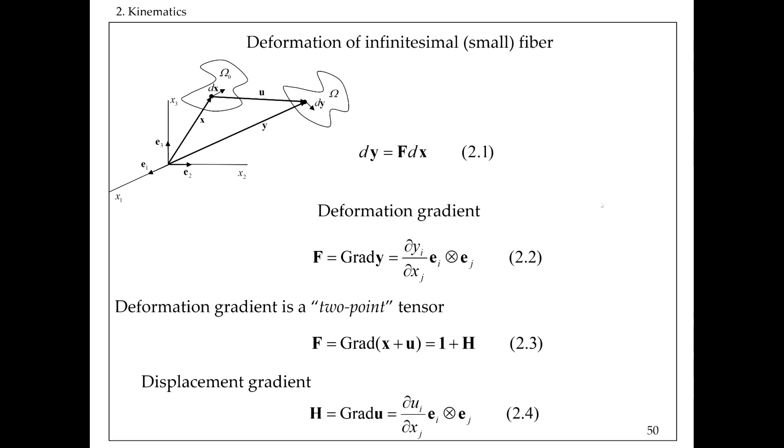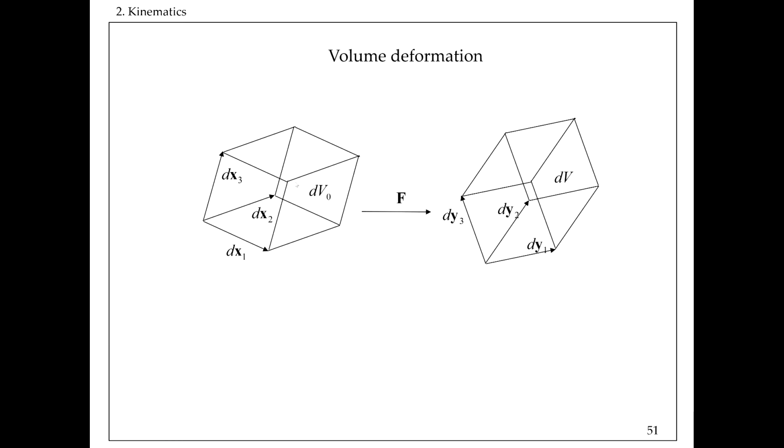Okay, so we can build a volume based on just a bunch of vectors, right? Three vectors allow us to build some volume. Again, we are zooming in.